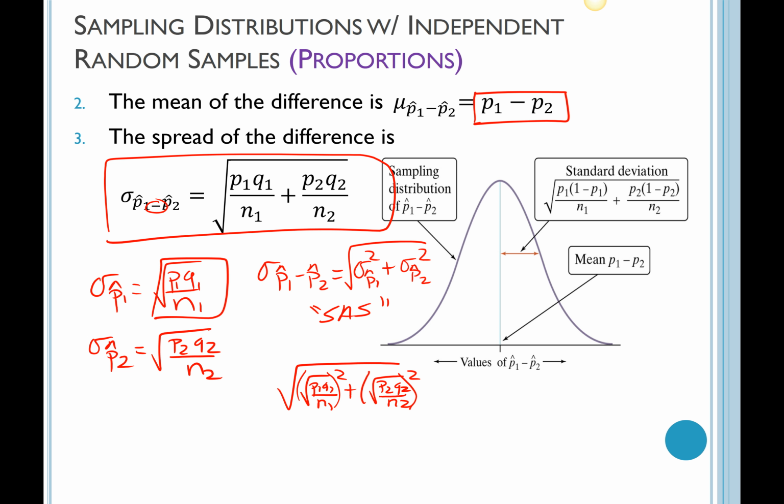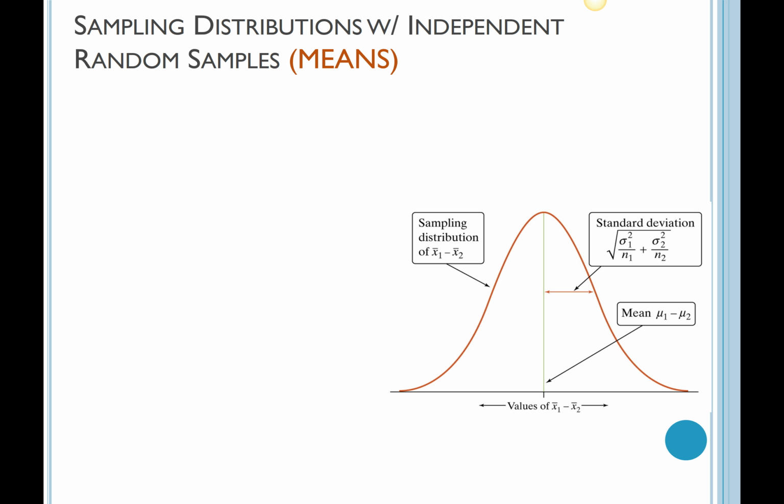And you guys should know here that these squares and square roots are going to cancel out, leaving you with just the square root of p1 q1 over n1 plus p2 q2 over n2, which is going to be your standard deviation for the difference there. All right, so that's just walking through how you derive it. That's how we derive the standard deviation of the difference between those two independent proportions. All right, let's do it with means.